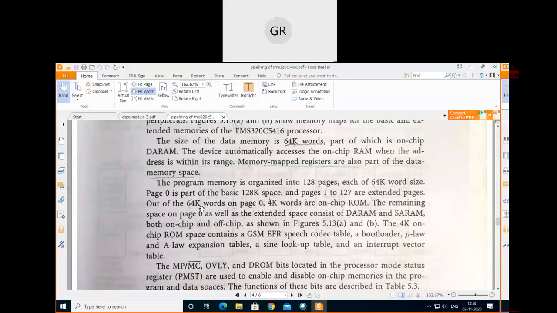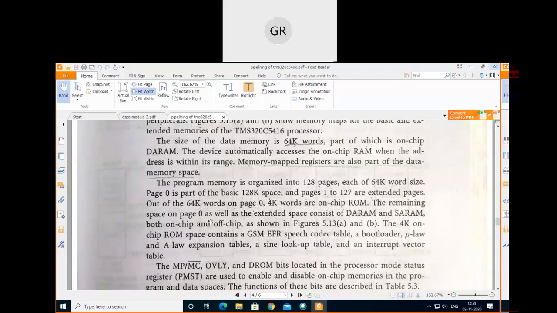Out of the 64K words on page 0, 4K words are on-chip ROM.